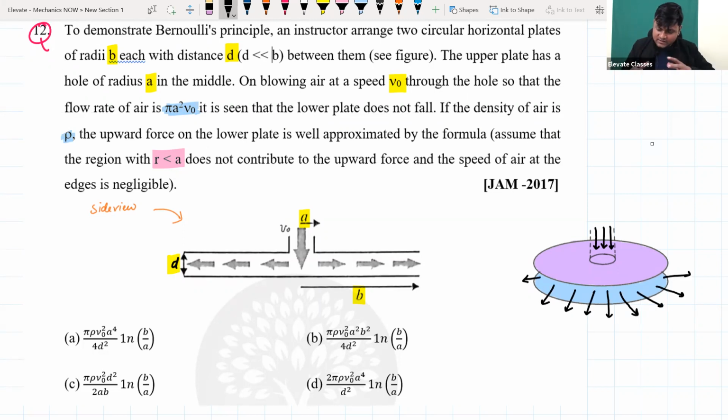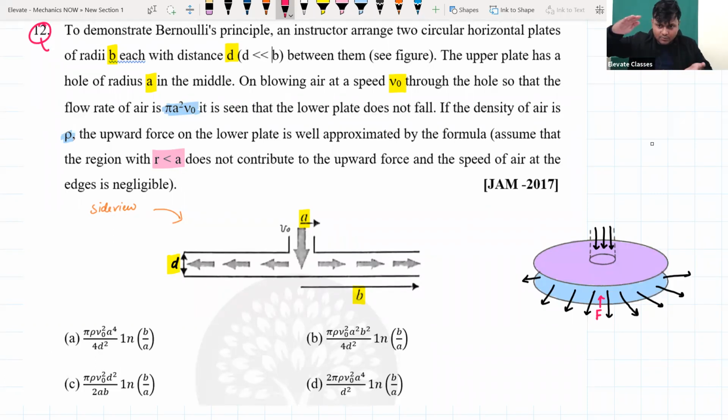Because of this situation, there is some kind of upward pressure, an upward force, acting on the plate, because of which the plate does not fall down.